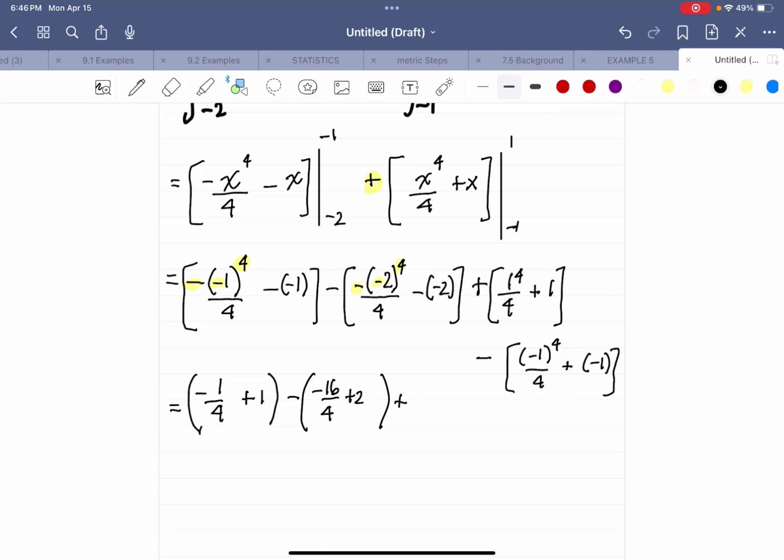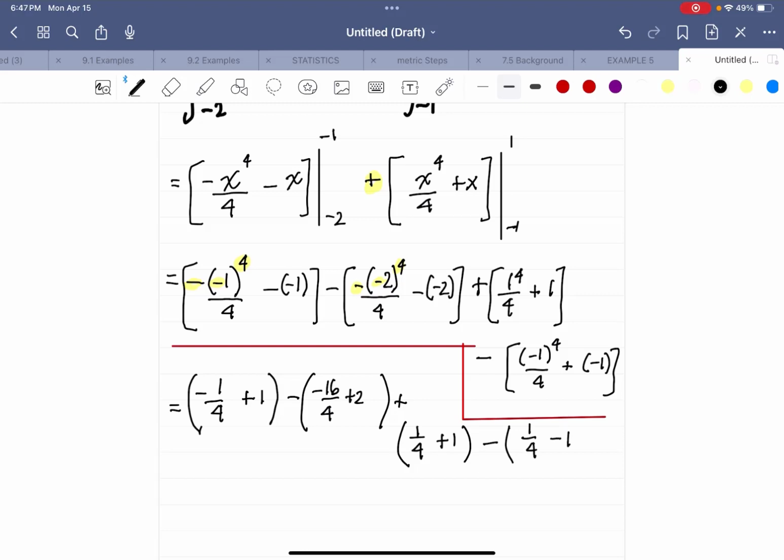Plus next thing I get is 1 to the 4th over 4. So that's a 1/4. Plus 1. Minus, well, that's going to be a 1/4 and a minus 1. Because here we've got negative 1 to the 4th, that's a positive 1. Okay. So let me simplify this just a little bit, then use the calculator.